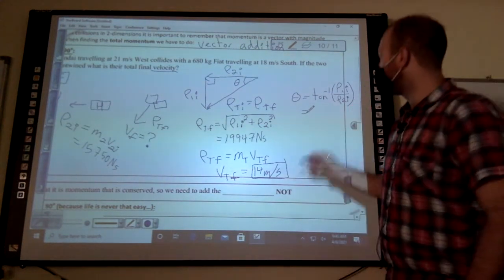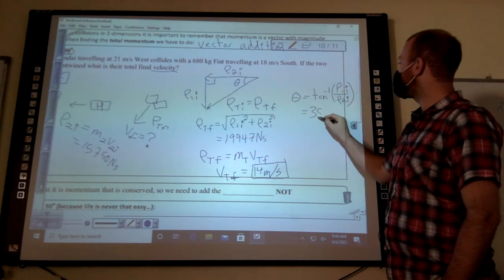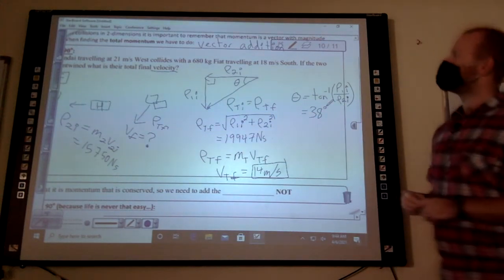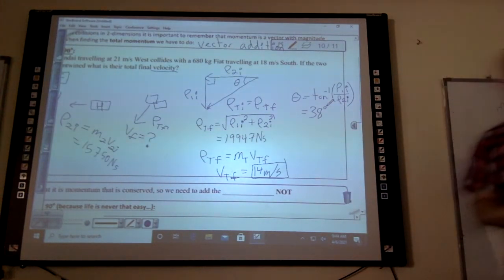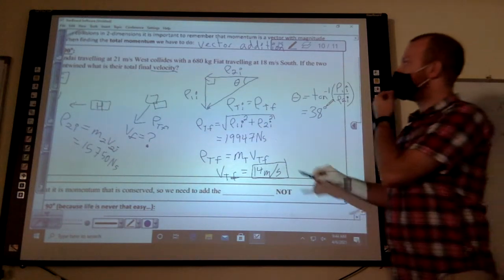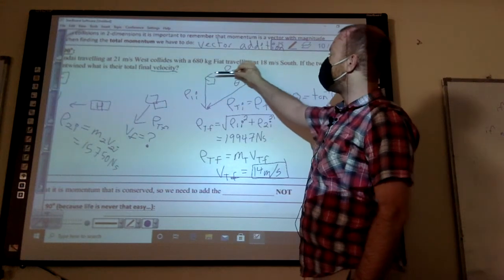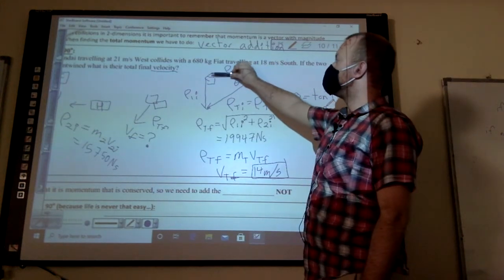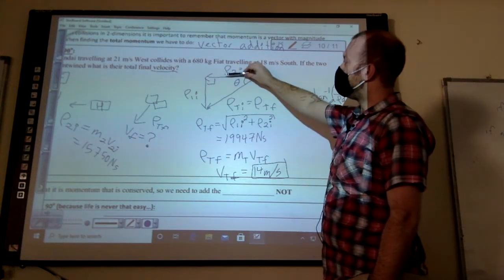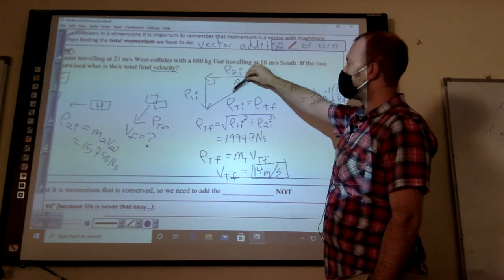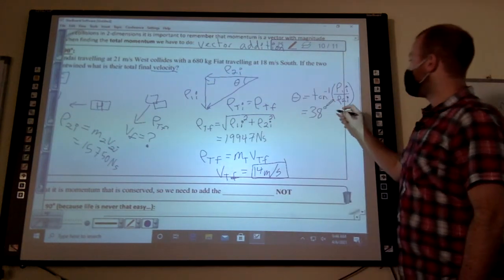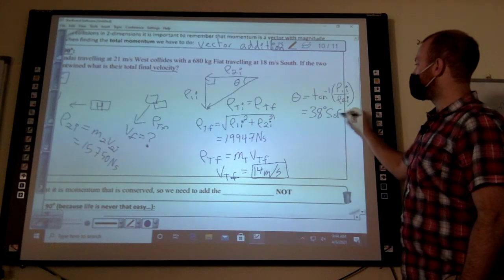And this is 38 degrees. The question is, east of north, west of south. What is this? West to south? No. So look at what we're in reference to. We're right now in reference to west, and our resultant goes south of west. So this one would be south of west.